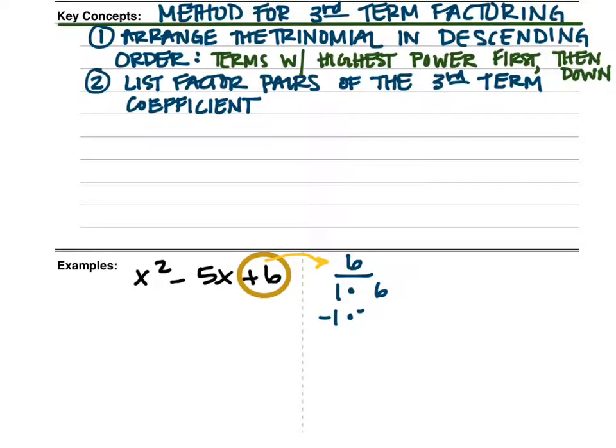So I want to find factors, things that multiply to 6. So 1 times 6 and negative 1 times negative 6. 2 times 3 and negative 2 times negative 3. Okay, so I've listed all the integer numbers that multiply to 6.